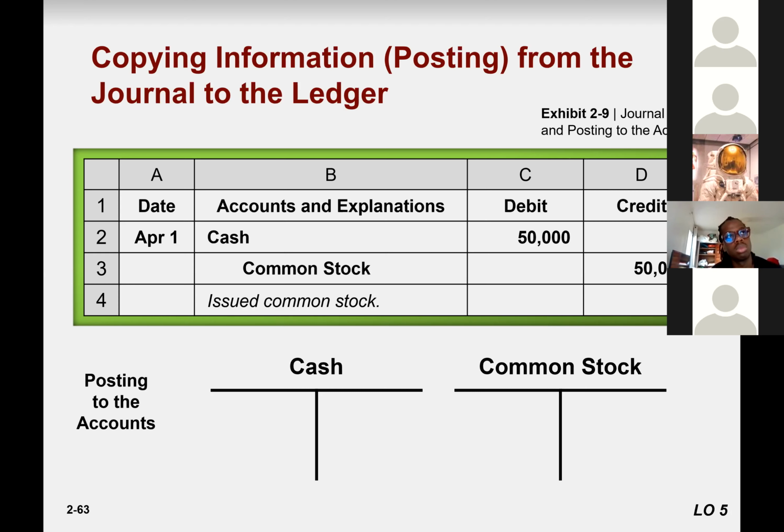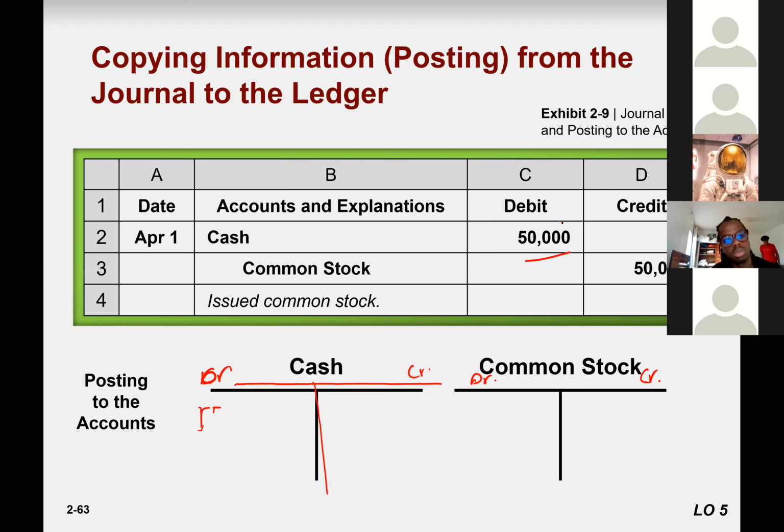Here we go. So how we are going to post this? So we make a T account, right? T account here. So we know that left hand side is called debit, DR, and right hand side is called credit. All you need to do, so this is a cash is debited, right?